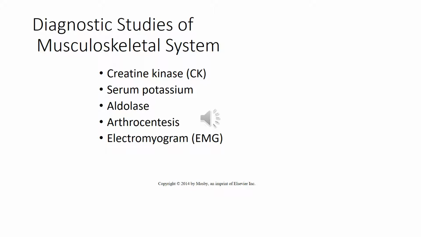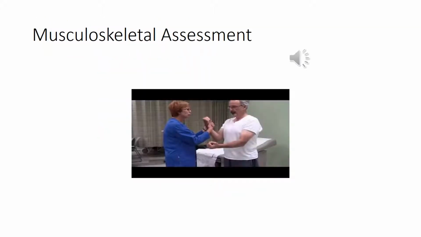So there are some that don't involve needles put in, but basically it's just electrical impulses to the nerves to make sure there is proper nerve conduction happening. So here's a video on YouTube if you would like to see a complete musculoskeletal assessment.